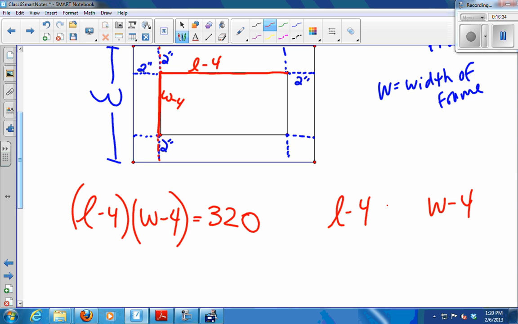So if I want to put an equal sign here, right now they're unequal, right? L minus 4 is longer, so they're like this. To bring them back to equal, I have to add 4 to the other side. So I have L minus 4 equals W. That's my other equation.